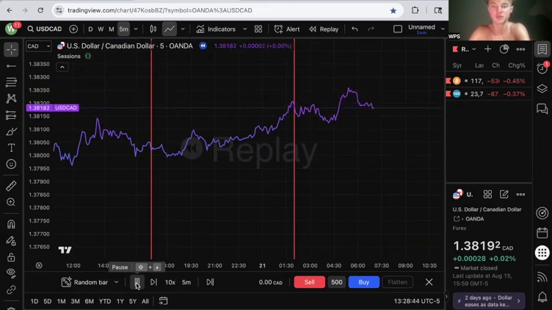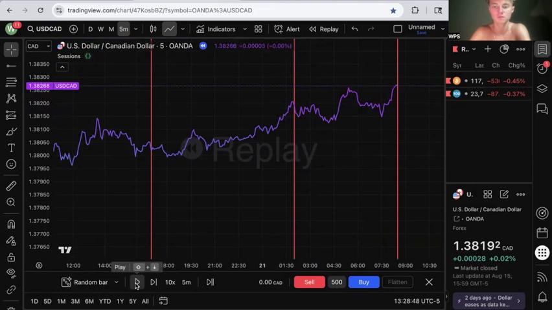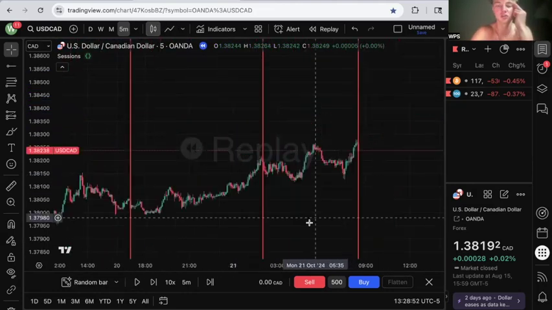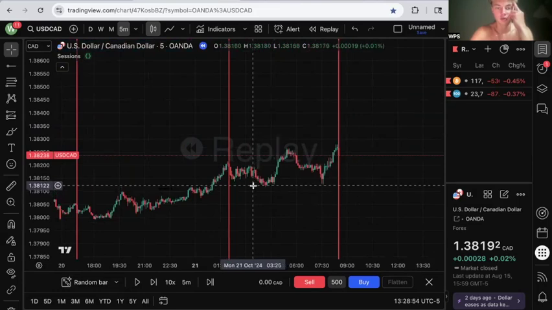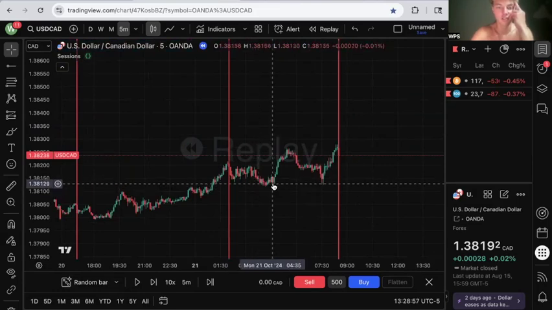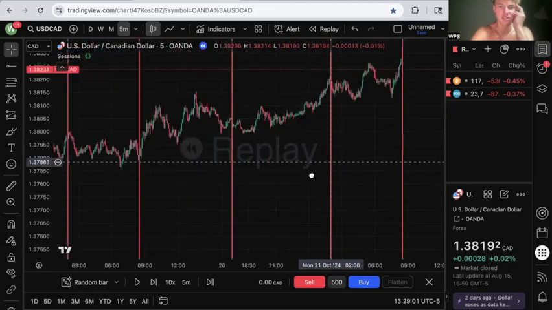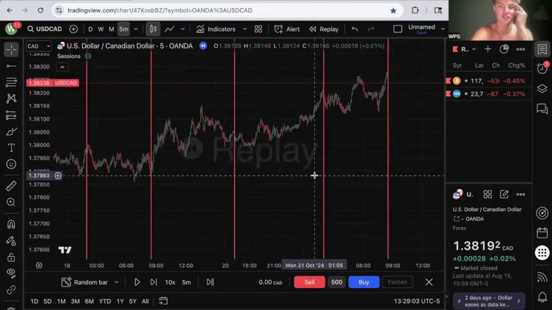Price does continue. And here we are at the doorstep of New York session. So this liquidity does not get swept. This liquidity does get swept. Price just seems to be in a pretty slow and steady continuation.